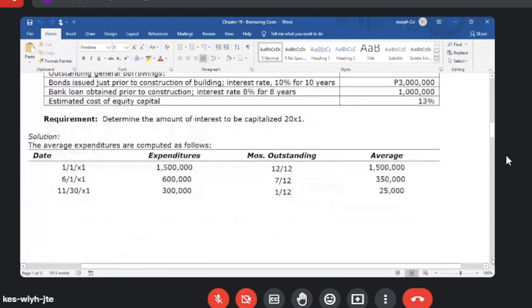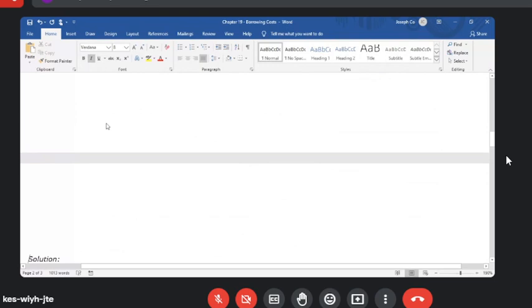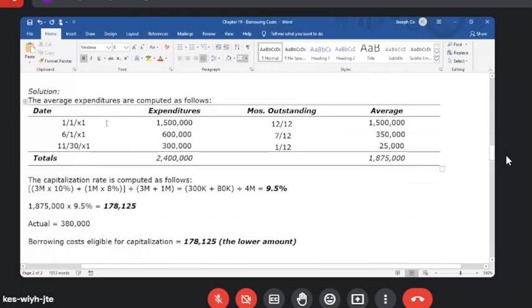First, we compute the average expenditures, where we have 1.5 times 12 over 12, from June 1 to December, 600,000 times 7 over 12, and then from November 30 to December 31, 1 over 12. We have 1,875,000. And then we compute the average rate for 3 million times 10% plus 1 million times 8%.